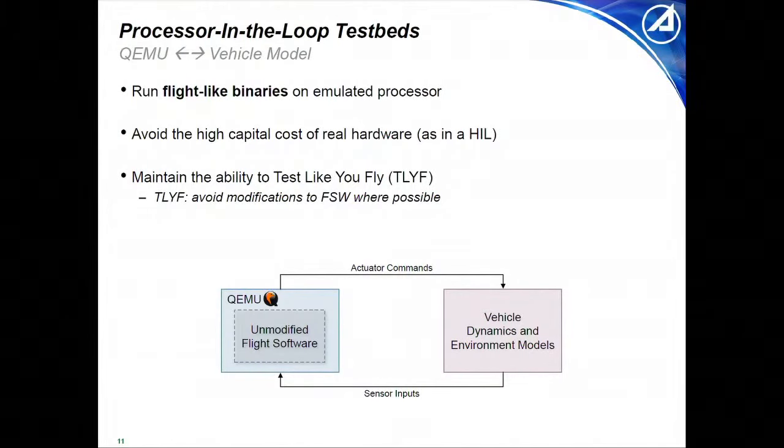That's a little cheaper than getting real hardware. In this case, it's QEMU, it's open source, it's free to download, free to distribute, free to modify. So you get to maintain the ability to test like you fly, because you're avoiding flight software modifications, but you get the benefits of working in a pure software environment.